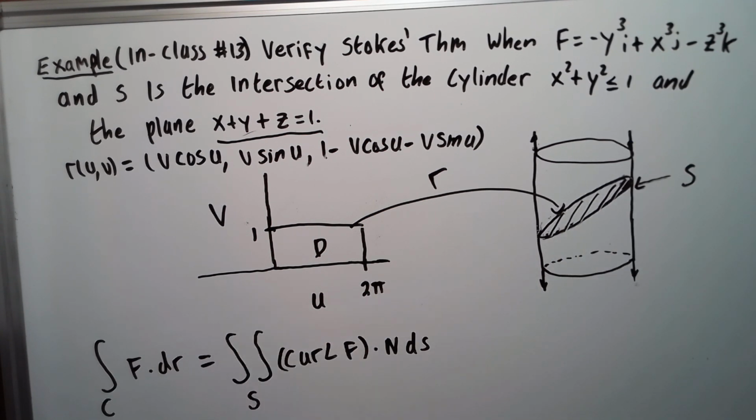We're going to look at this side first. Let's compute that side first, then we'll come back and do the work, the line integral part, later. So let's work on this first. Let me erase a few things.